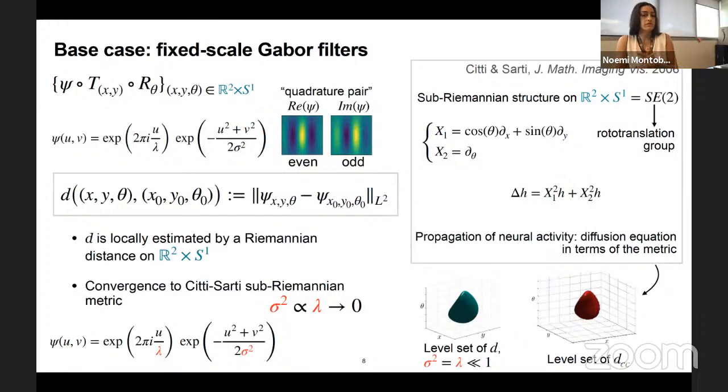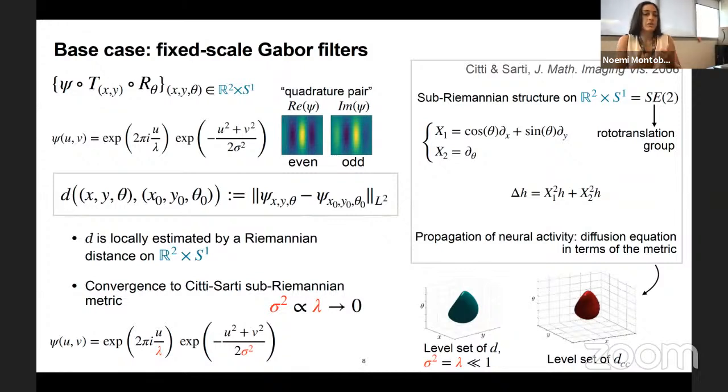But in order to define our distance on this feature space, we're not using any of the differential or group structures of the feature space, but just a sort of measure of compatibility between the shapes of the receptive profiles. The distance in this case can be computed analytically, and it can be shown to be locally equivalent to a Riemannian distance on this space.